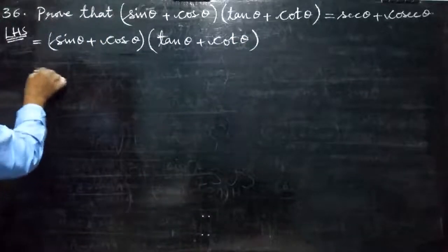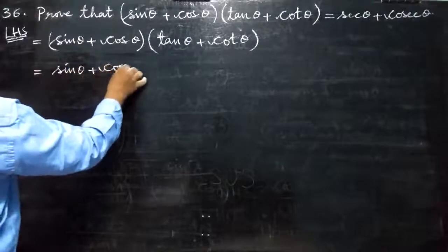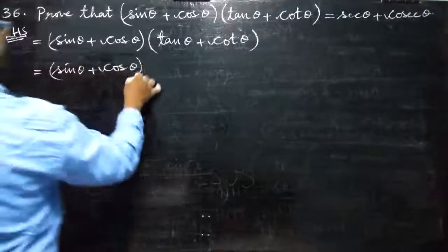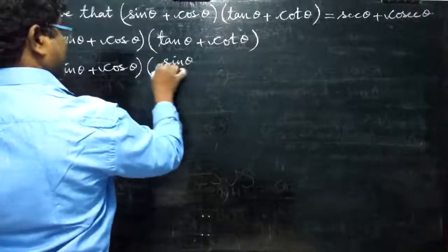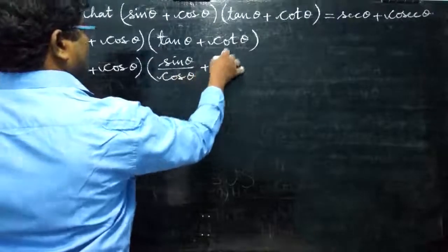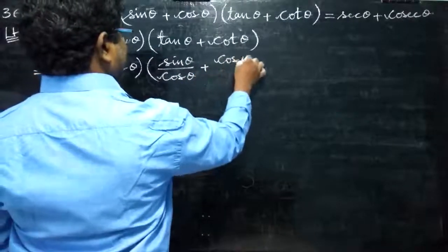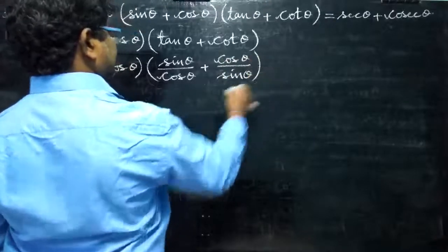That is equal to sin theta plus cos theta as it is, into tan theta means sin theta by cos theta, plus cot theta means cos theta by sin theta.